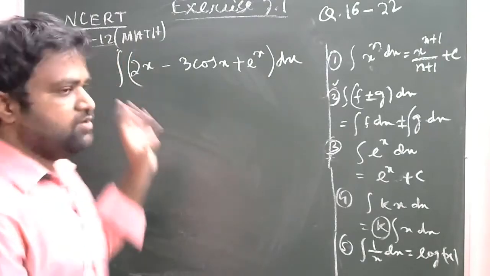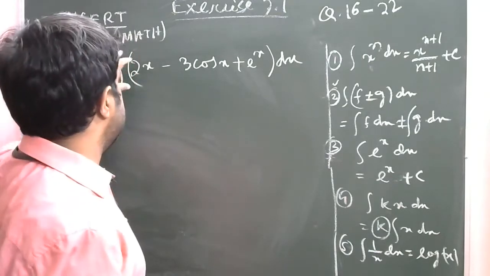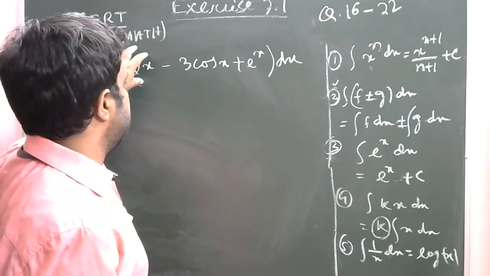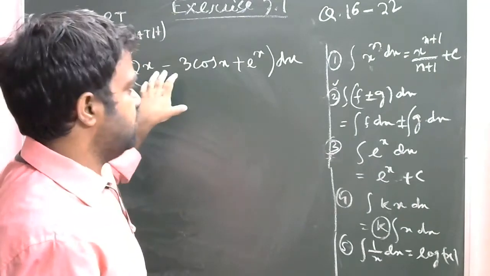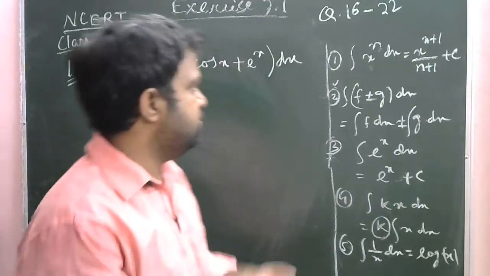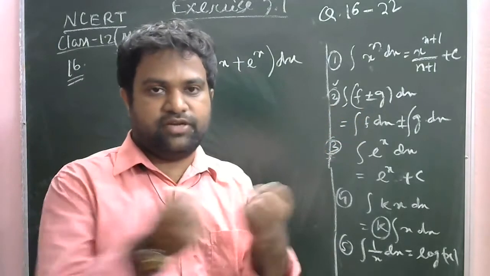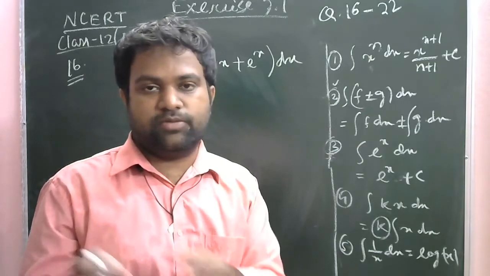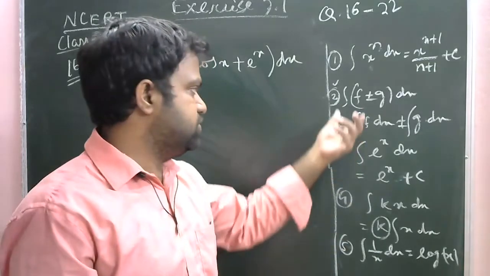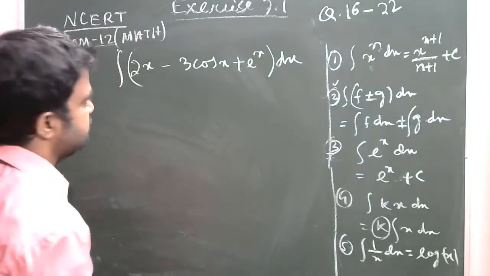As I have told you in the previous video, plus and minus are there, so we can separate them easily using our formula number 2: if there are sums of two functions, then we can find the integration of each one individually.